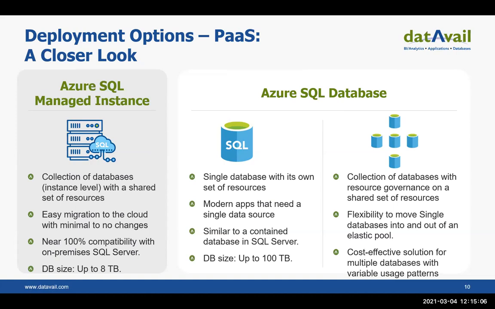Let's look at an example. Let's say you have two databases, one used during business hours, the other for overnight processing. Placing these two databases in an elastic pool allows you to run the overnight processes using the resources that would have gone wasted, as the daytime database is not using them overnight.